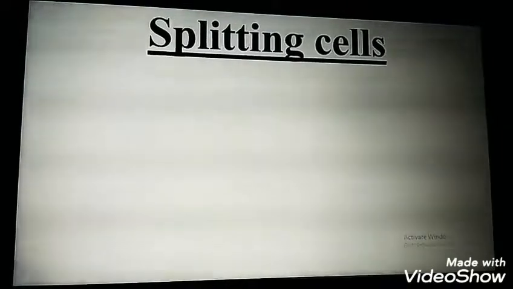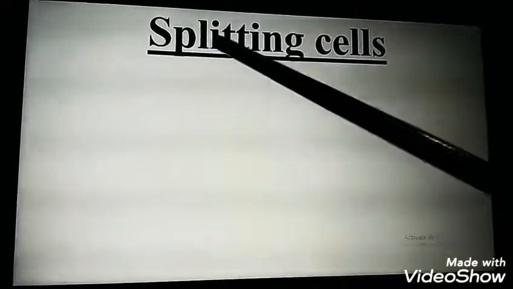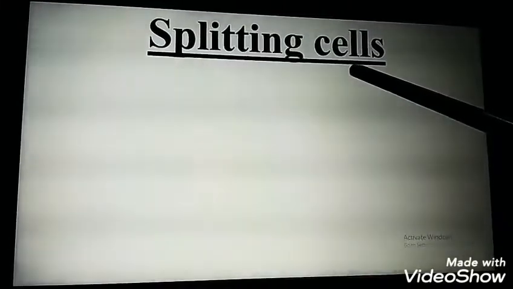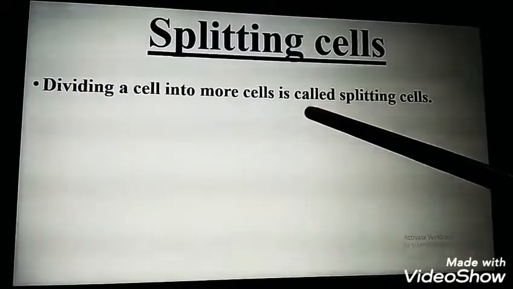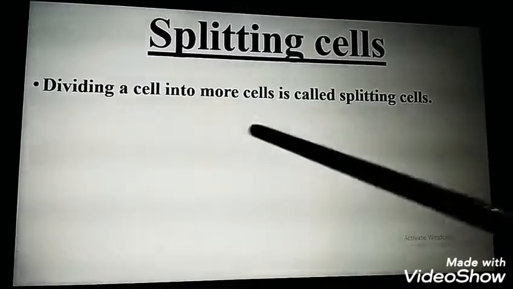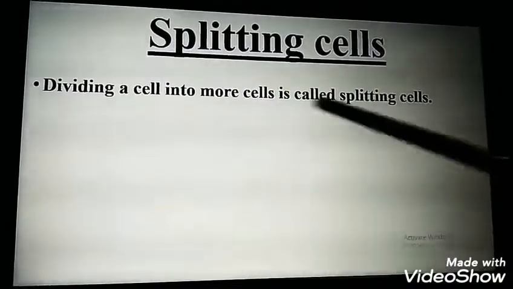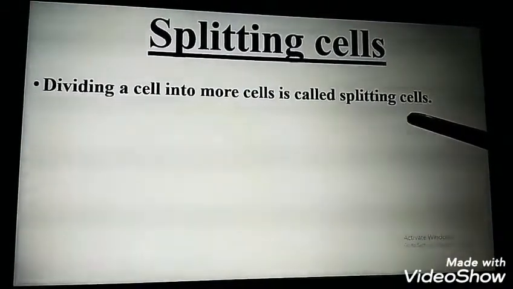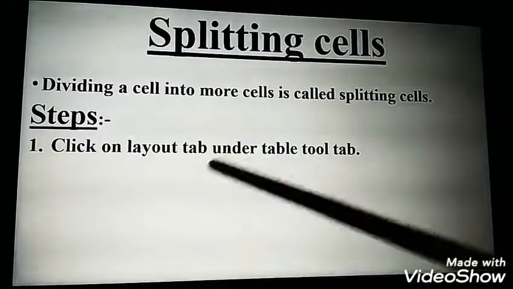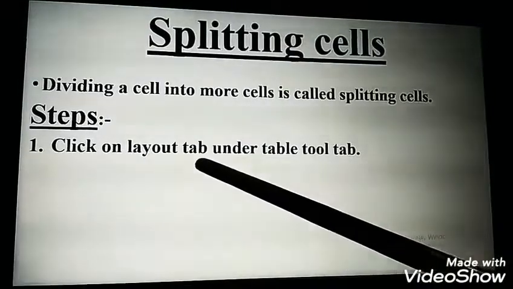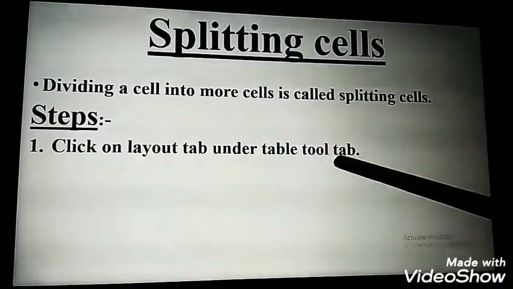Next, splitting cells. Now we will talk about how to do that. Dividing a cell into more cells is called splitting cells. The steps are: first, click on the layout tab under the table tools tab.